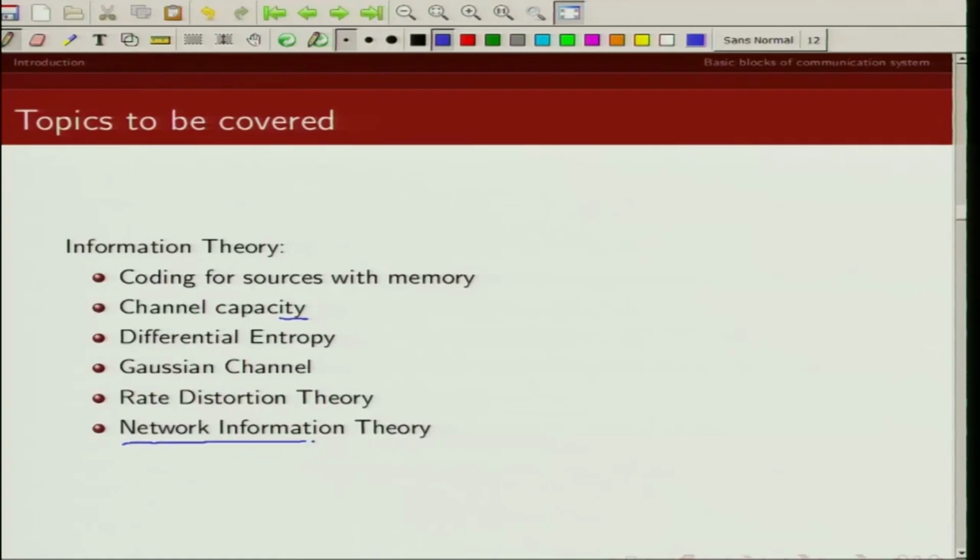Or let's say you have multiple senders, multiple receivers, and you want to do distributed source compression. All these problems come under network information theory. So this is roughly the syllabus that we plan to cover in these 20 hours of lectures, spanning 8 weeks.